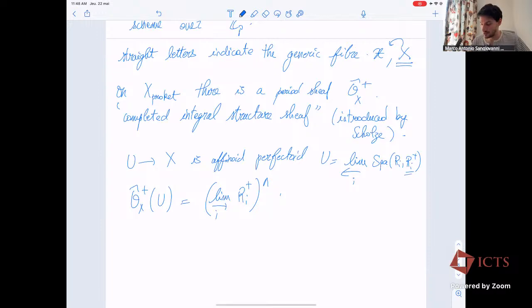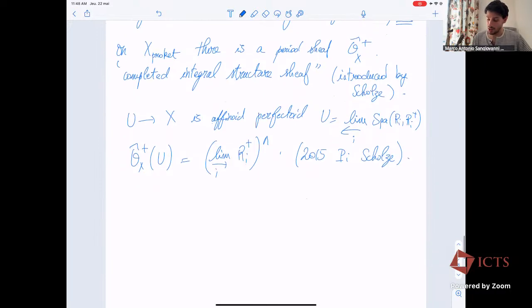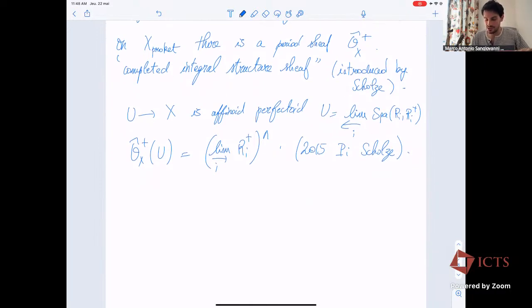If you want details about what these objects are, you can consult the 2015 paper in Forum of Math Pi of Scholze, which presents this object in a beautiful way. But I will use this as a black box, at least in this talk.